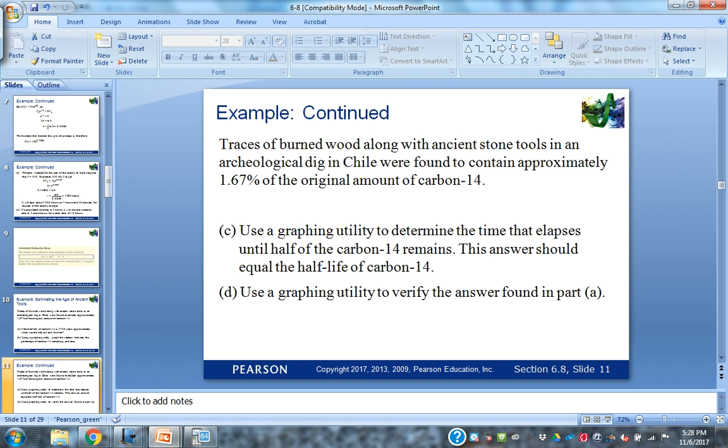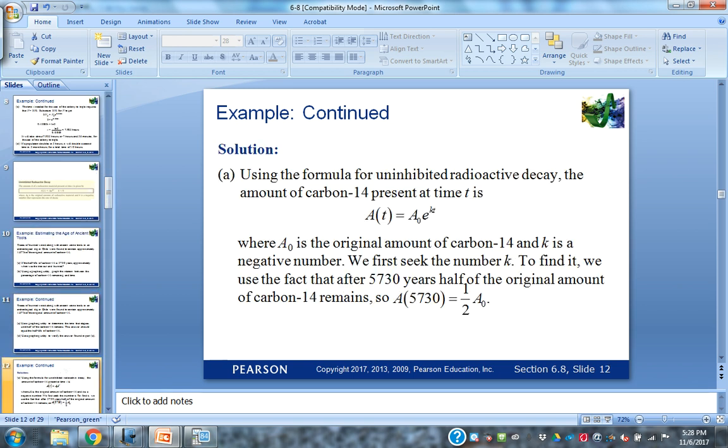So let's get to the work of the problem. And then there's a C part. Half the carbon remaining, we could use that too. Let's go on to the work. Where's the work at? Next slide. All right, we start with our formula.